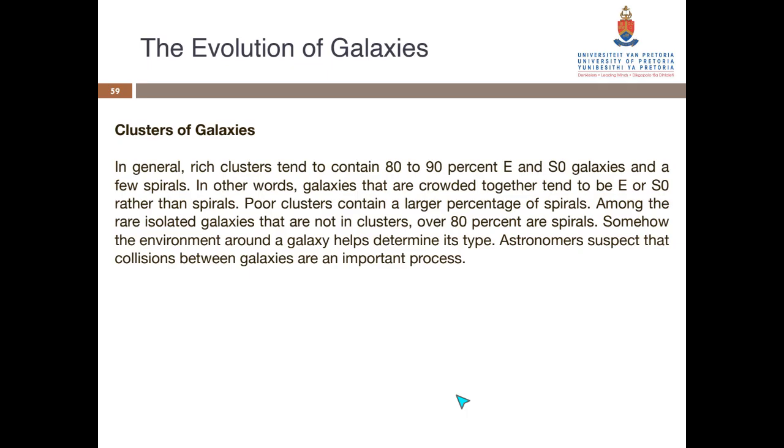So something to consider, the closest galaxy to us is the Andromeda Galaxy, and the Milky Way and the Andromeda Galaxy at some point in the future will merge to form an even bigger galaxy. So we have four new points and three new terms that we need to understand.